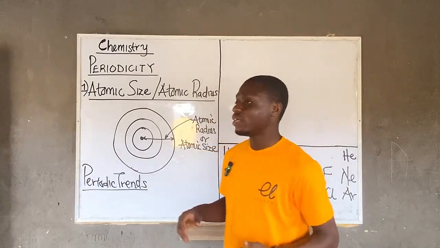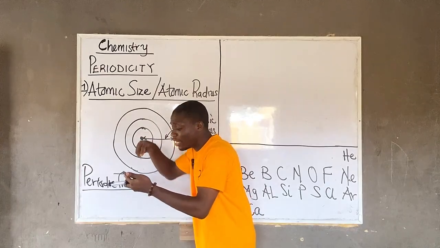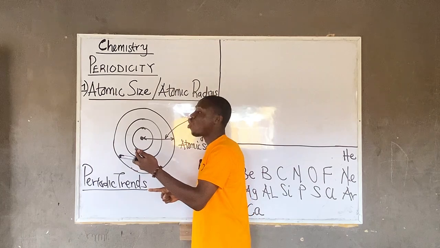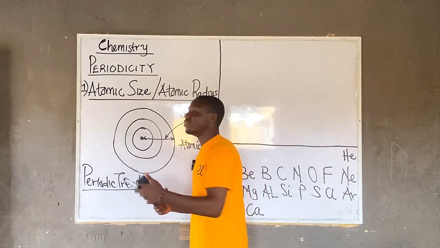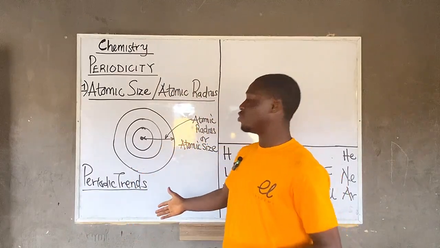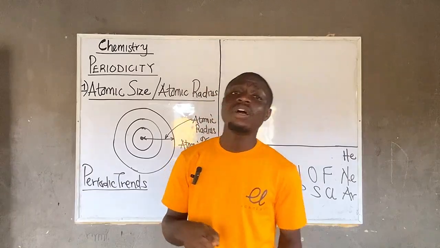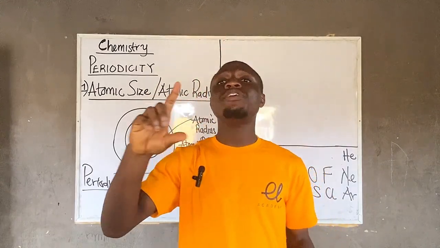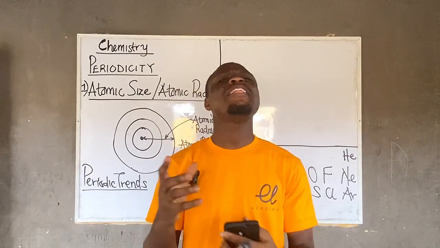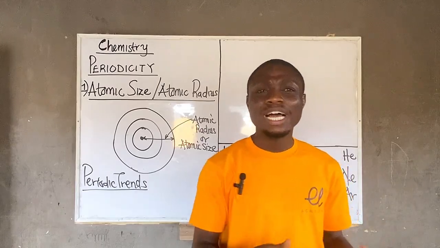So here's the task. Listen to the English. Your ability to move across a period or down the group, that's the whole idea behind periodic trends. So periodic trends contain two things: across the period and down the group. Don't make the silly mistake of saying across the group, down the period.